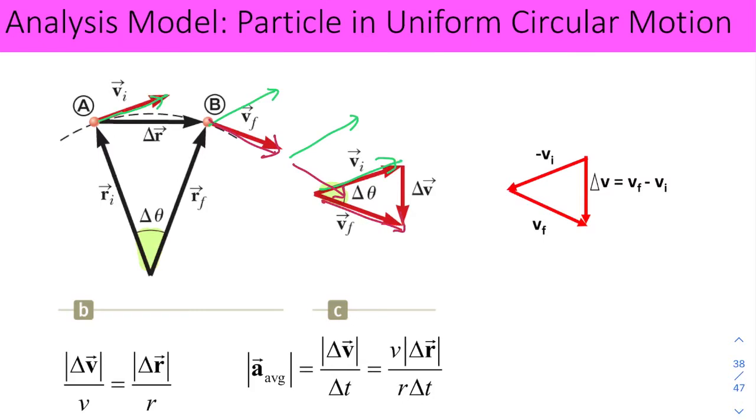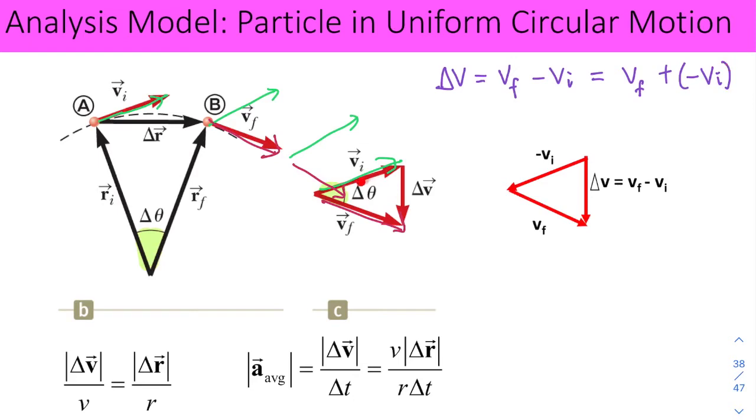What does delta v mean? Delta v is defined as v final minus v initial. It's also the same as v final plus negative v initial, isn't it? So that means we can have negative v initial.